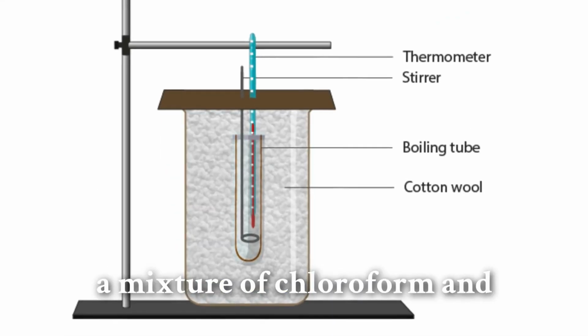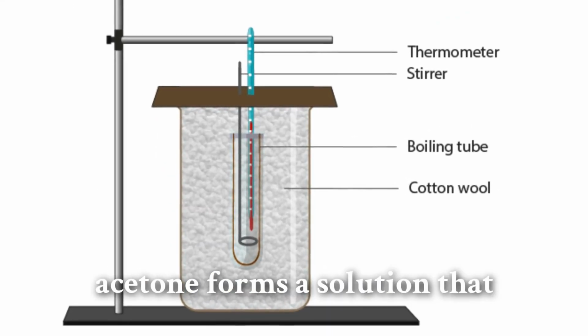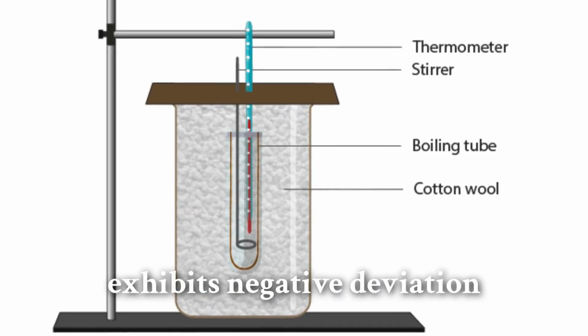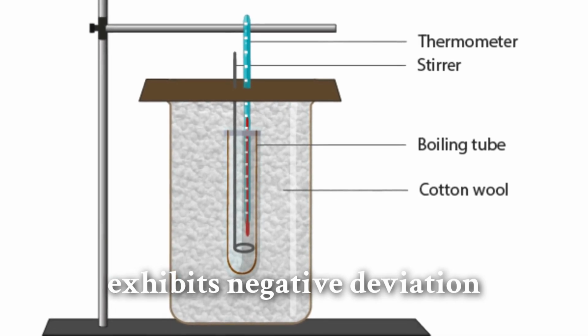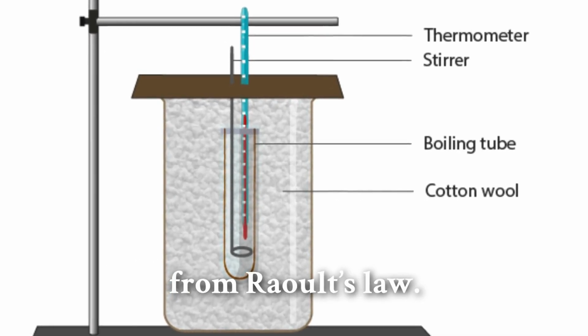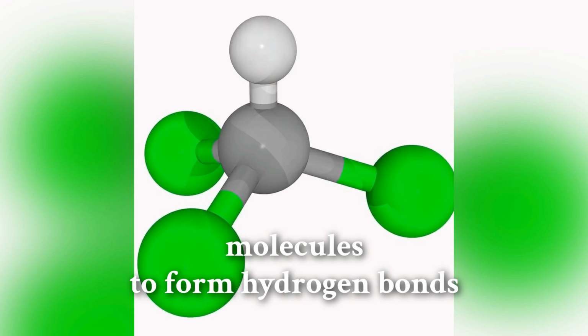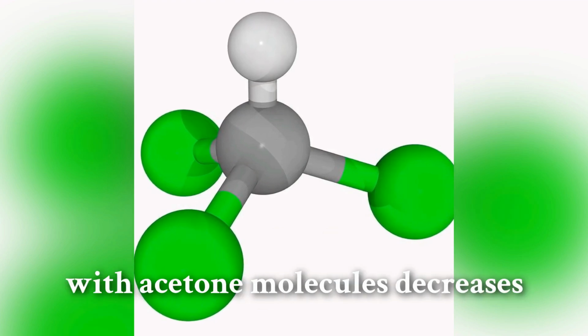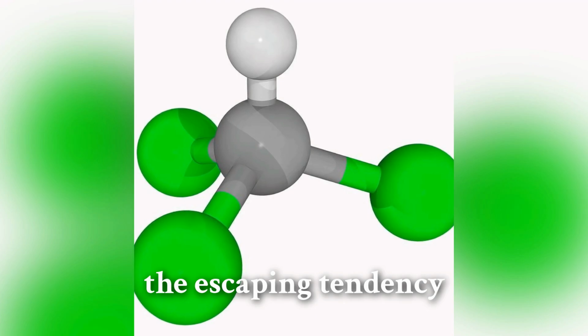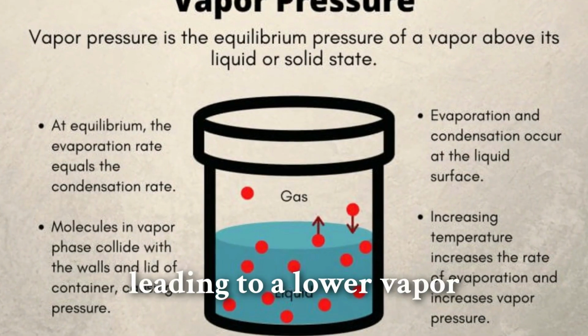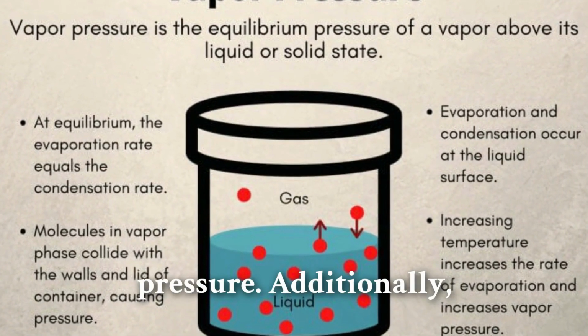Similarly, a mixture of chloroform and acetone forms a solution that exhibits negative deviation from Raoult's law. The ability of chloroform molecules to form hydrogen bonds with acetone molecules decreases the escaping tendency of the molecules, leading to a lower vapor pressure.